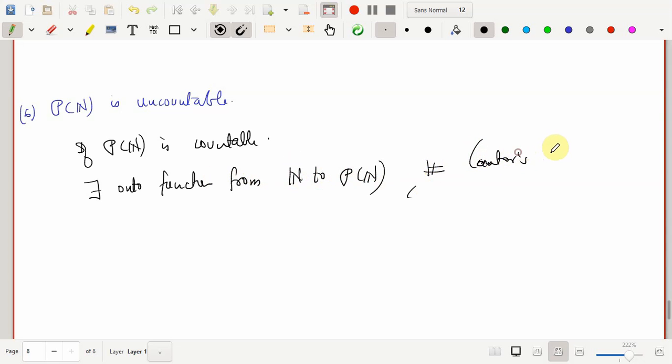If you remember, Cantor's theorem says that there is no onto map from X to P of X, where X is any subset of the natural numbers. So with this, I'm done with the topic of countability.